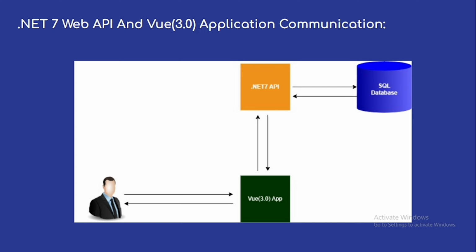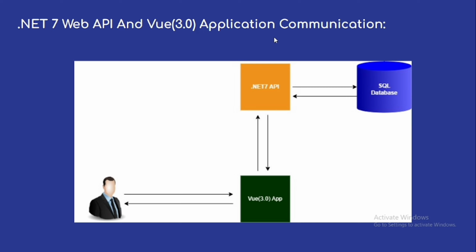So the Vue.js application will invoke the API call, and that API call internally communicates with the database, fetches the data from the database and returns that response to the Vue.js application. Then that response gets rendered onto the UI. Okay, so that is the flow of a single page application using API.